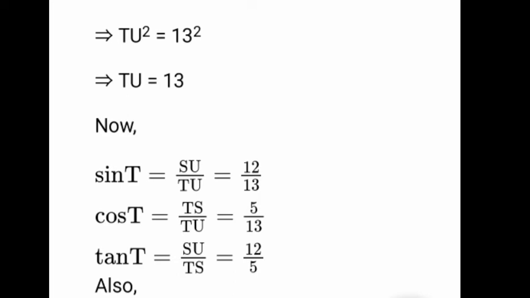Sin T is equal to SU upon TU, that is opposite side of angle T upon hypotenuse, which is equal to 12 upon 13. Then cos T is equal to adjacent side upon hypotenuse, which is TS upon TU, equal to 5 upon 13. Then tan T is equal to opposite side of angle T upon adjacent side of angle T, which is SU upon TS, equal to 12 upon 5.